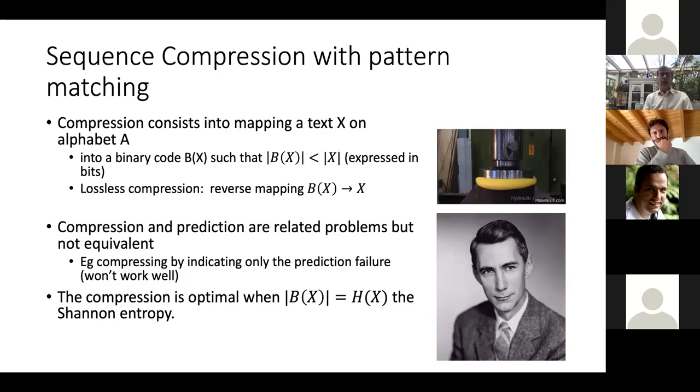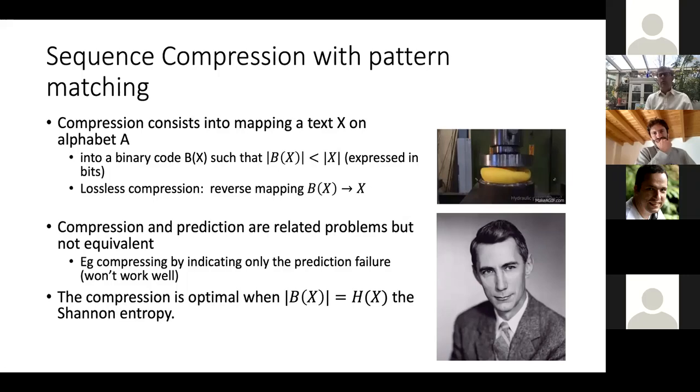Compression and prediction are related problems. Every time you talk about compression, every time you talk about prediction, there is some ping pong between the two concepts, but they are not equivalent. For example, you could imagine that you can compress by indicating only the positions where the prediction failed.